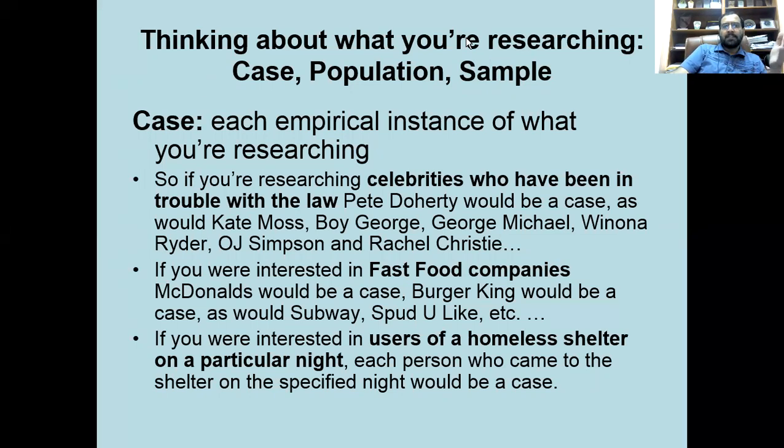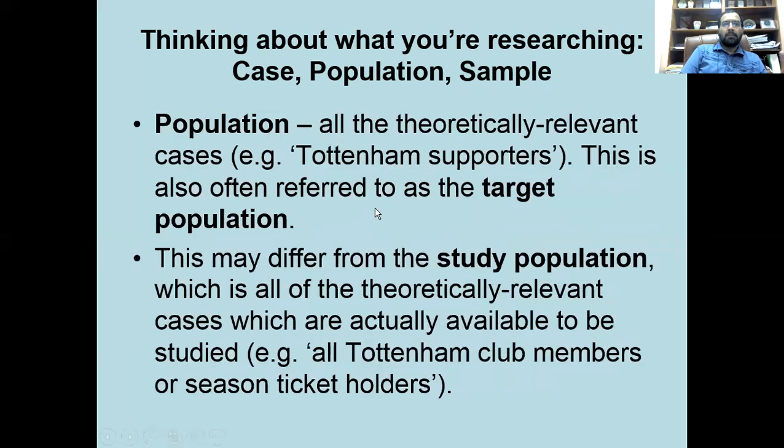If you are researching celebrities who have been in trouble with the law, or you are interested in fast food companies or other problems, like for example homeless shelters, it means that you are studying a case. You are talking about an empirical instance of what you are researching. So you talk about a certain case, and obviously when you talk about a certain case, then you will look for the population.